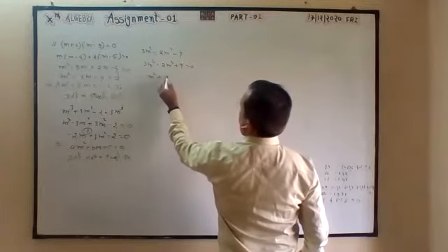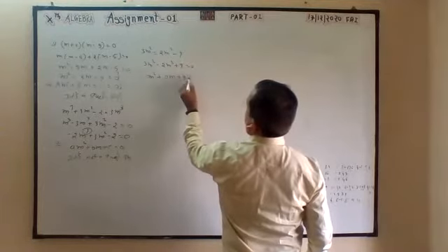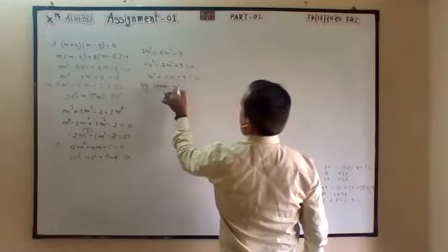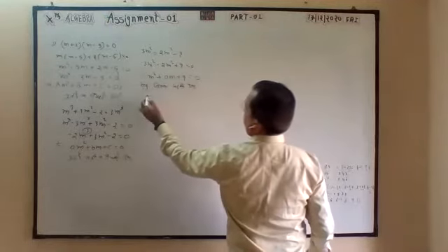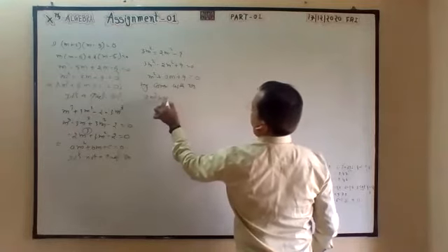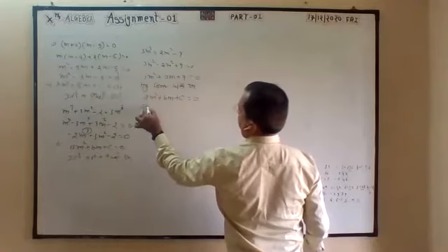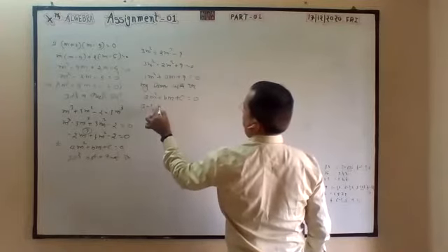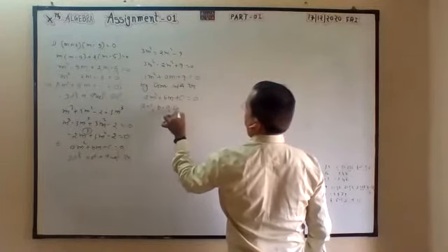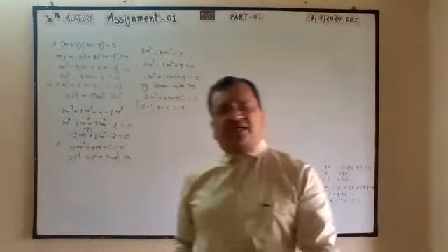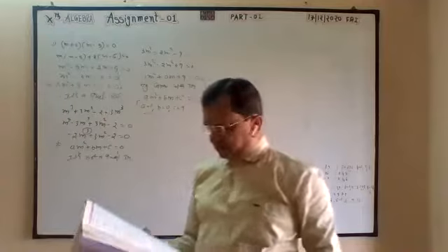So m square plus 0m plus 9. By comparing with the equation am square plus bm plus c is equal to 0, here 1 you can take. So a is equal to 1, b is equal to 0, c is equal to 9. You have to compare the equation with the standard quadratic equation.